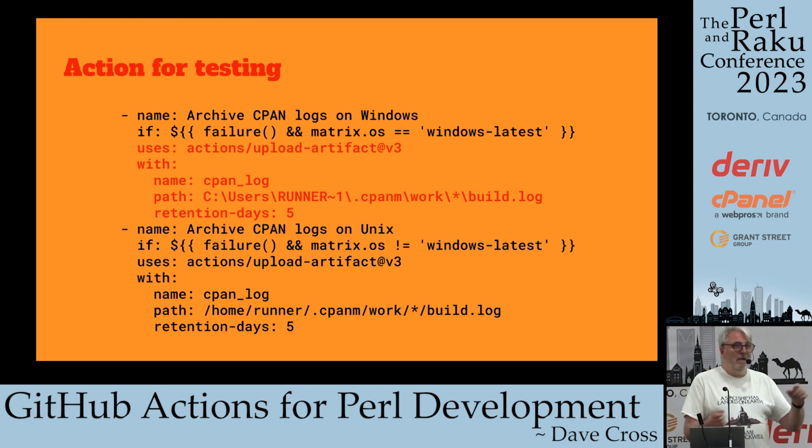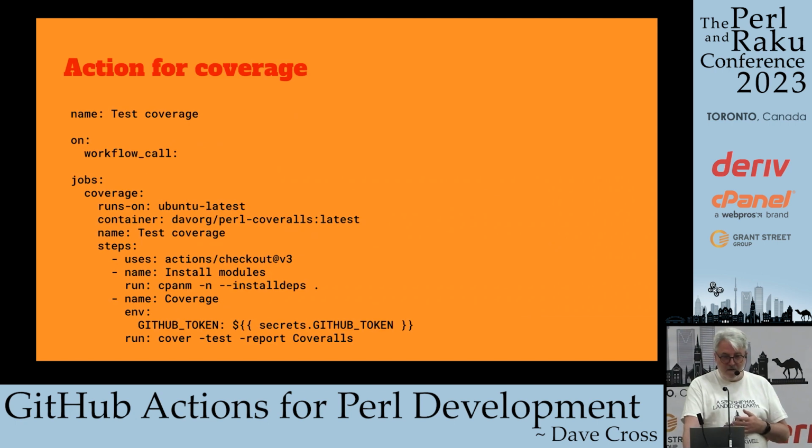So what we do, GitHub Actions has this concept called artifacts, where it will bundle up stuff into a zipped file or a tarball and store it somewhere outside the container, so you can then access it and work out why your CPAN modules didn't install cleanly.